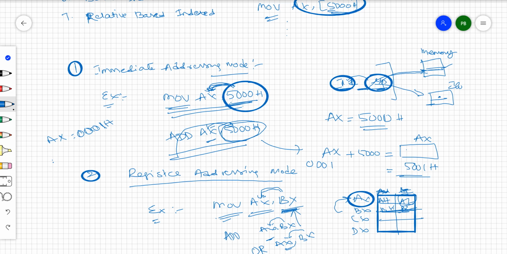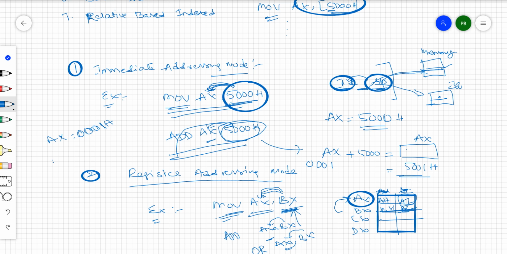But while performing the operation, every time the instruction is such that, while executing it, the processor needs to go to the source register to get the data for the operation, that is called the register addressing mode.